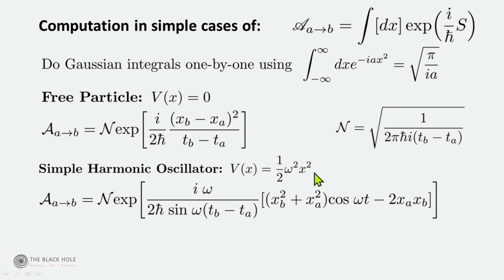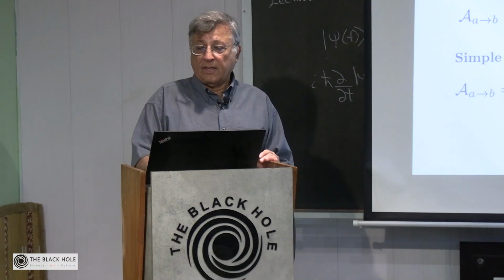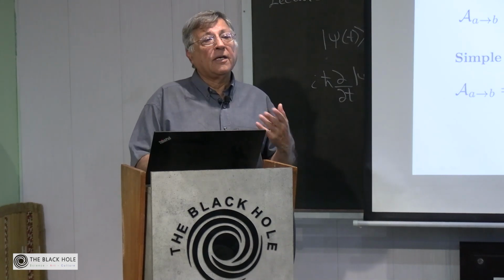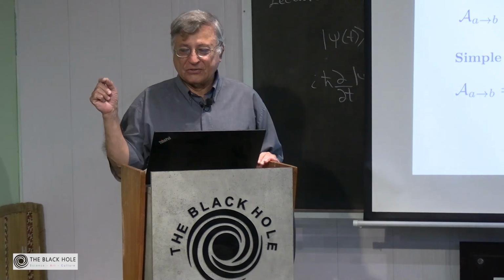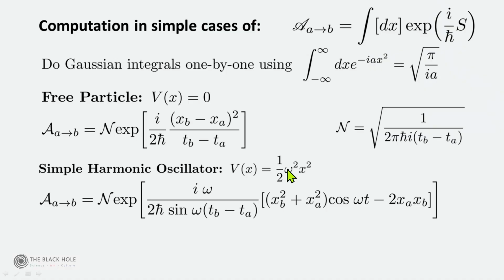One thing you may note: suppose that omega goes to 0 over here. Then the simple harmonic oscillator becomes a free particle if omega is 0. So let's have omega approach 0. What happens to this? Sine omega times this: there's omega over there and omega times (tb minus ta) at the bottom.